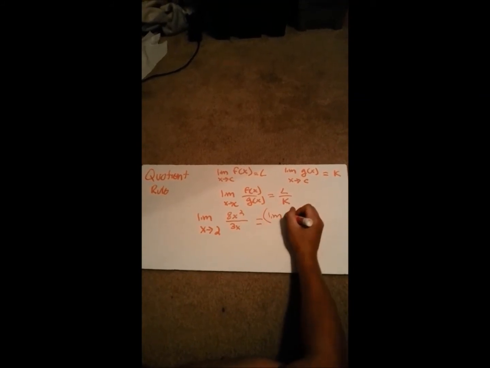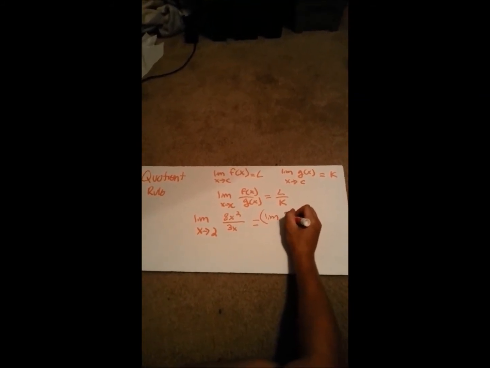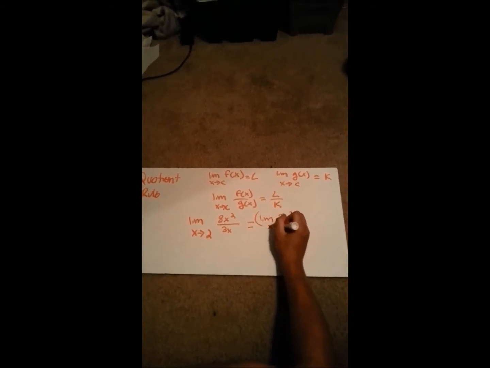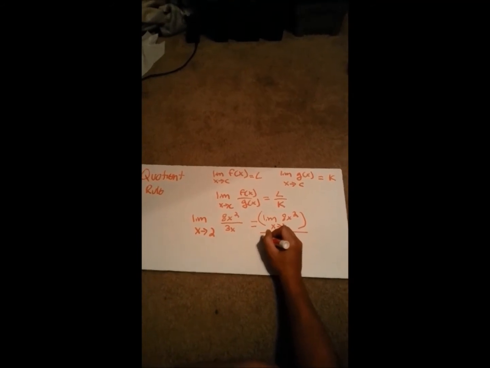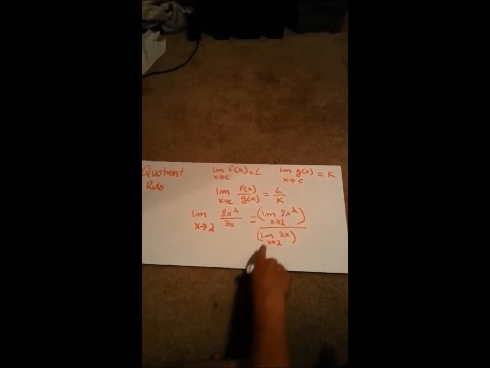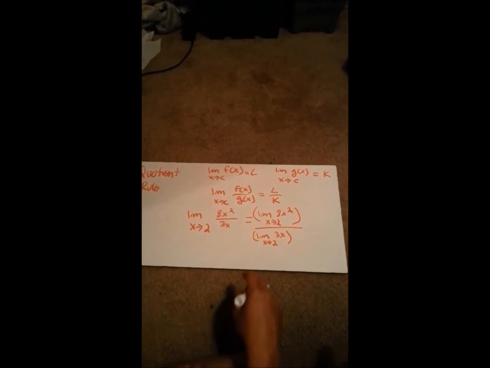So we will take the limit of 8x squared as x approaches 2, and we will divide it by the limit of 3x as x approaches 2, and we can use direct substitution to find both of these answers.